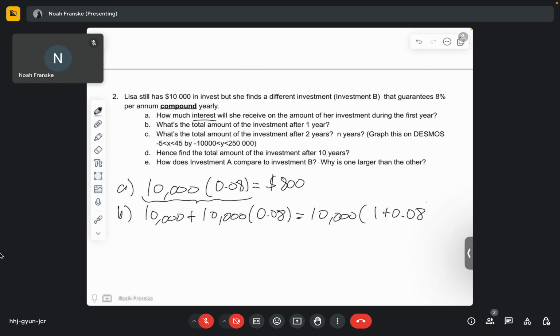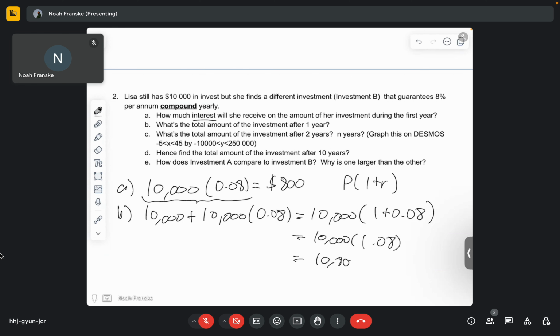So you've probably seen this formula before, but I wanted to show you where it comes from. Oftentimes, the IB will ask you to build a formula, and that's what I'm basically doing right here. So that is 10,000 times 1.08. And if you've ever seen P times 1 plus R, or P times 1 plus RT or something like that, this is where that's coming from, right? So 10,000 times 1.08, which is 10,800.